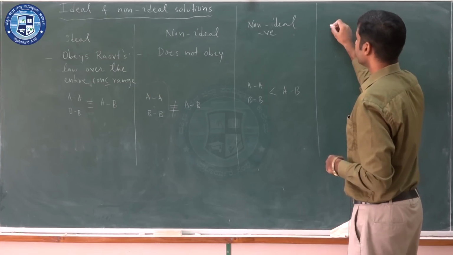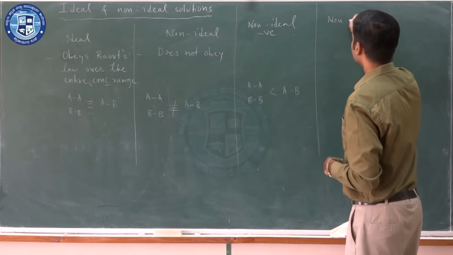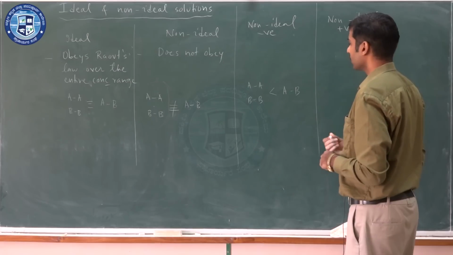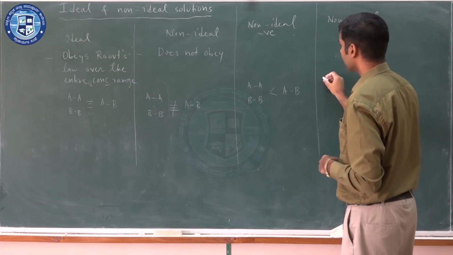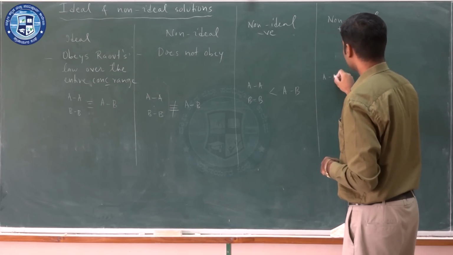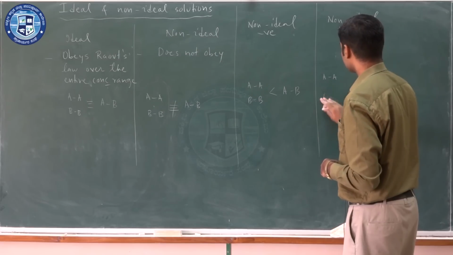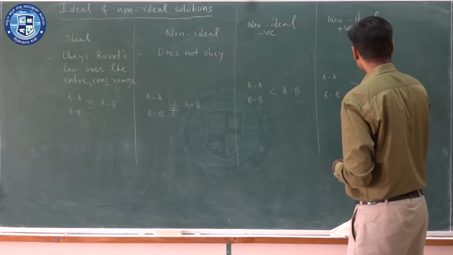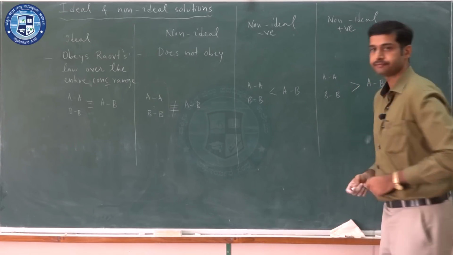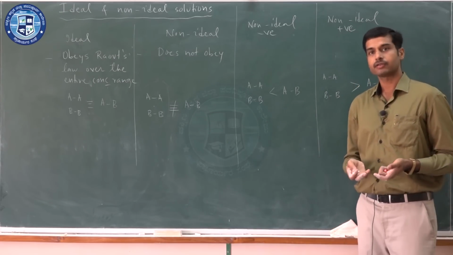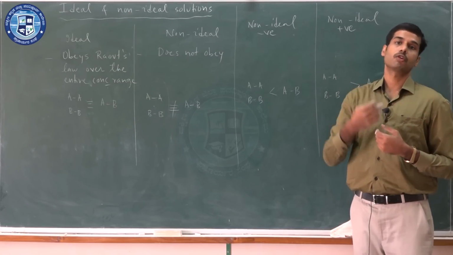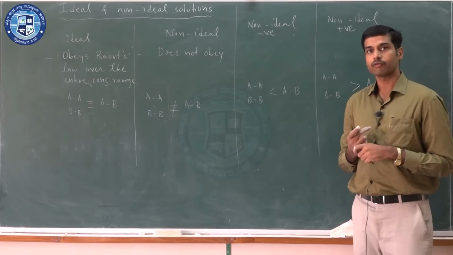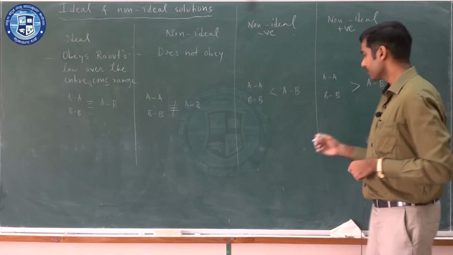When will positive deviation be observed? Non-ideal solution showing positive deviation from Raoult's law. When will this be observed? This will be observed when the intermolecular interaction in the pure states is greater now. The interaction which is present in the solution is less. When it is less, more number of molecules are likely to go into vapor and P total now will be greater than what is expected.